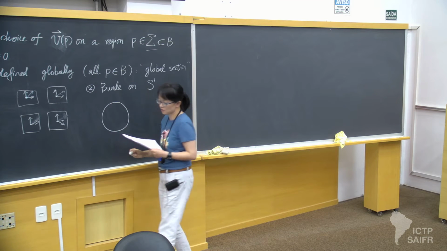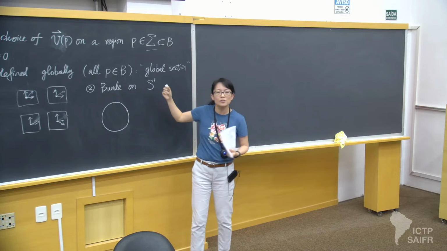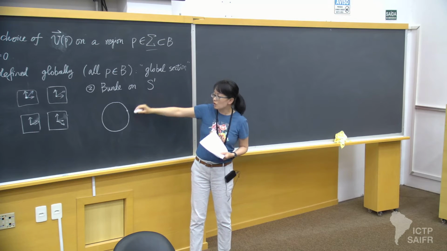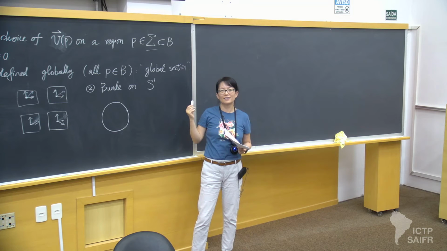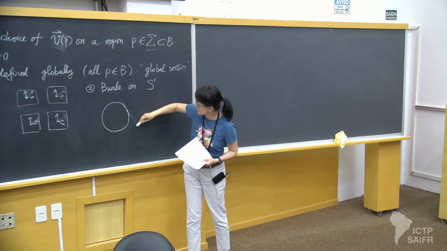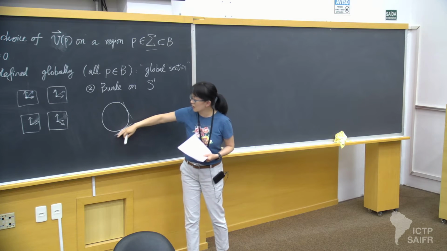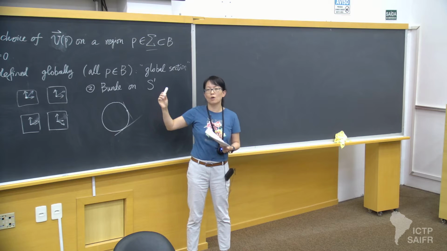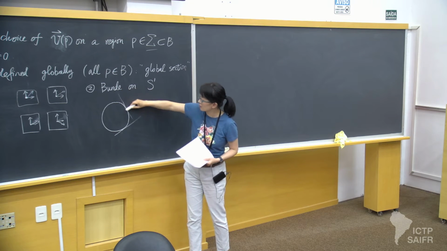Now I have a circle, and I can define different types of bundles, right? What would be the tangent bundle in this case? I just draw tangents on each point, right? Each point, I can draw a tangent line. This tangent line gives me a one-dimensional vector space, right? Because that vector can only be on this line.